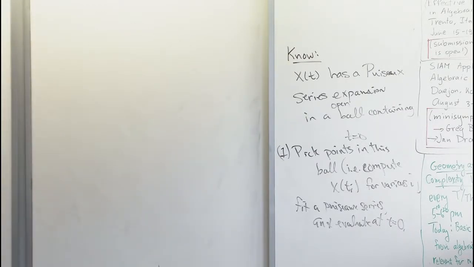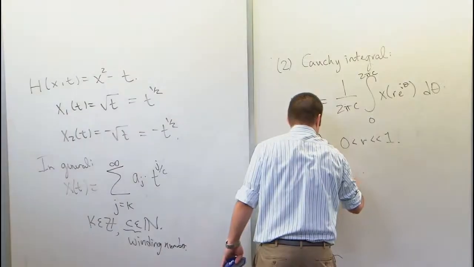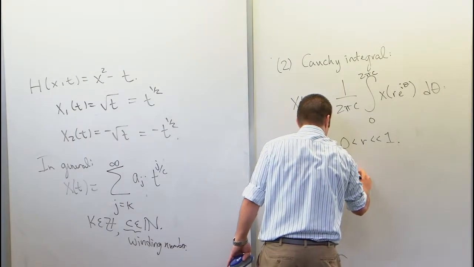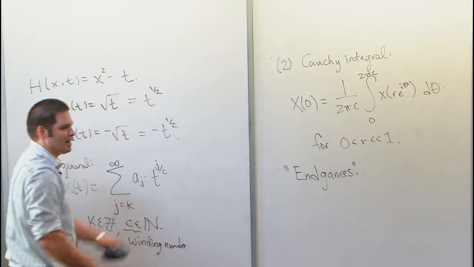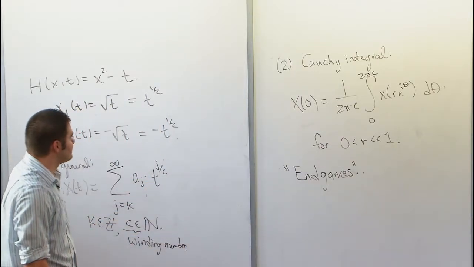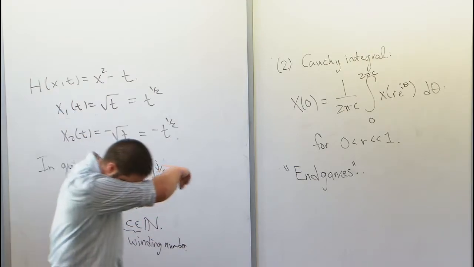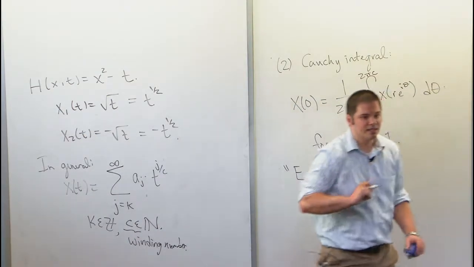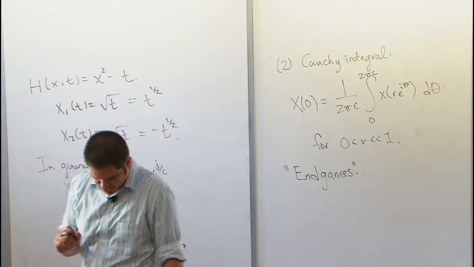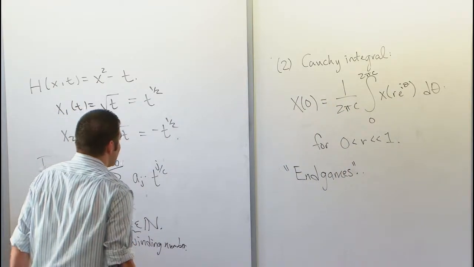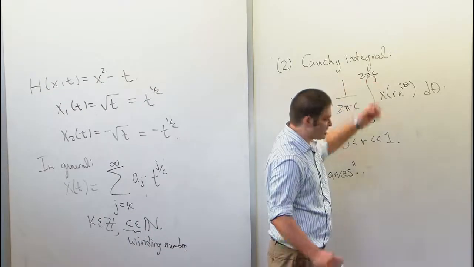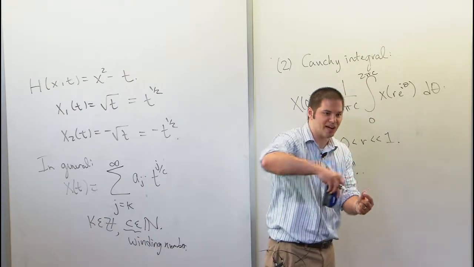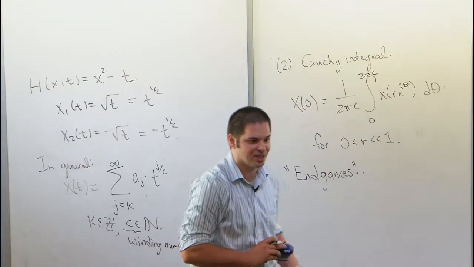And just so you know, these go by the name of endgames. What happens at the end of my path? Okay? After I've approximated these, question. Yes, go ahead. How do you find the winding number before picking the series? So one way to find the winding number is to actually do what I said. Do loops around it until you come back to where you started.